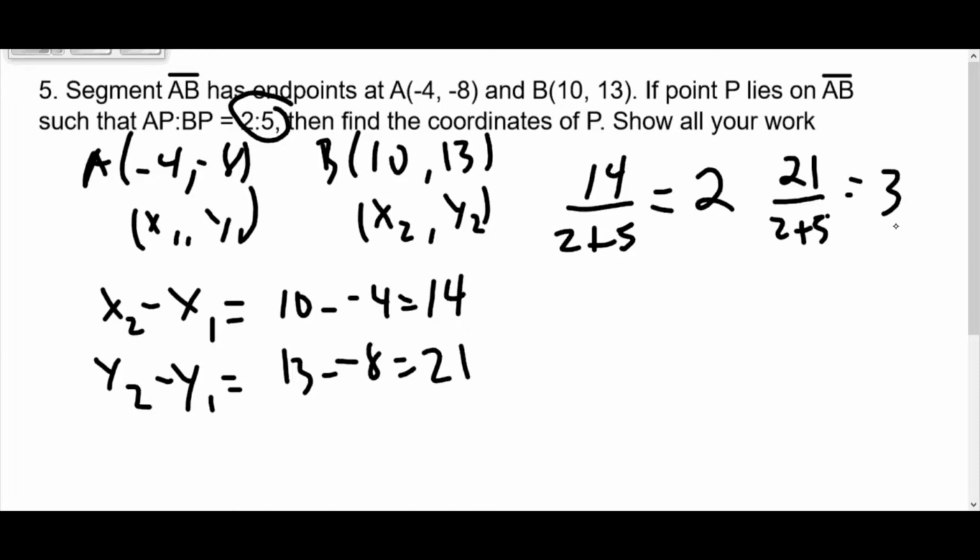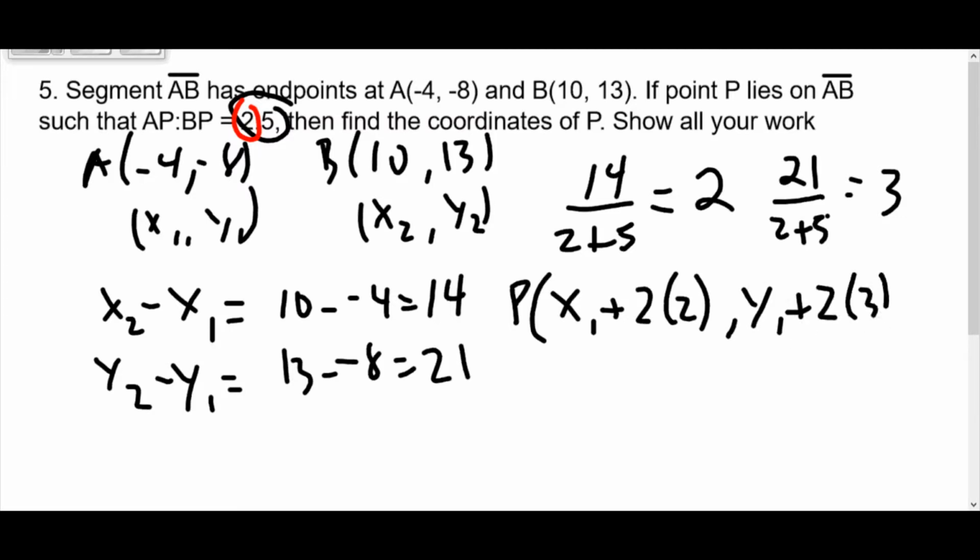Again, we're looking for the ratio of AP to BP, which is 2 to 5. So we're focusing on the 2. Point P is going to be x1 plus 2 times 2, comma y1 plus 2 times 3.